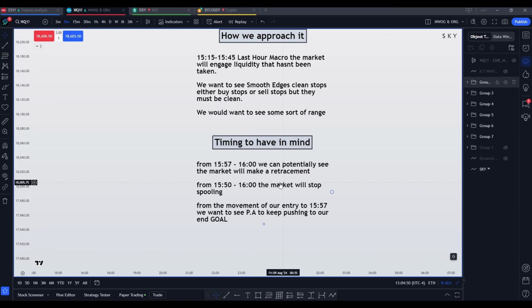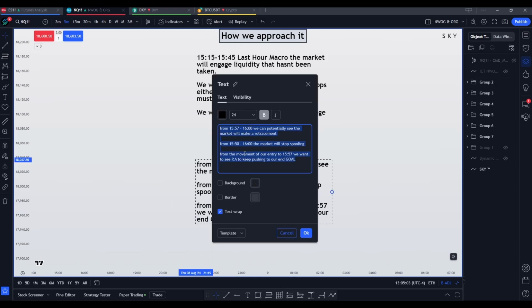After this time has passed, we will see slower price most of the time.